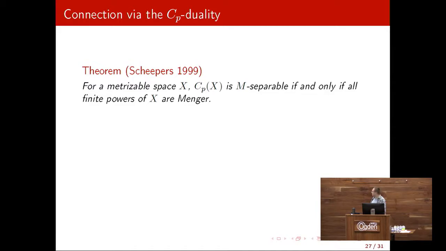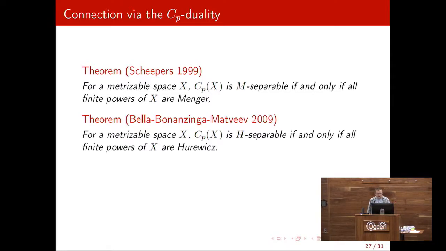And they're kind of nice because they are not only dual to the Menger property and Hurewicz in this very far analogy, but there is a precise duality coming from the Cp theory, namely that for metrizable spaces X, the space of all continuous real-valued functions on X with the topology of pointwise convergence is M-separable if and only if all finite powers of X are Menger. And Bella, Bonanzinga, Matveev proved that the same is true for Hurewicz.